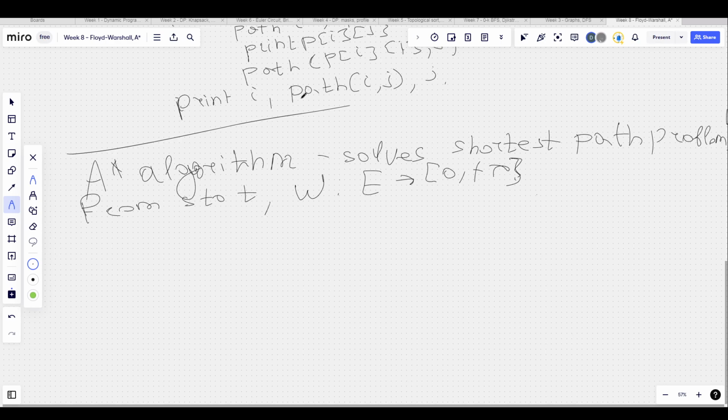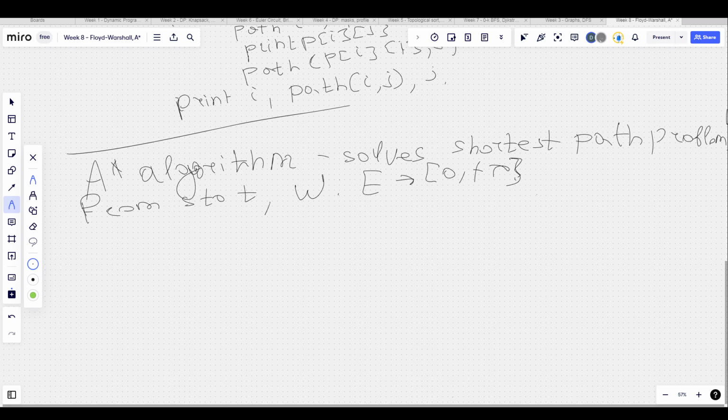In your homework you have a task. In this task you change Dijkstra.